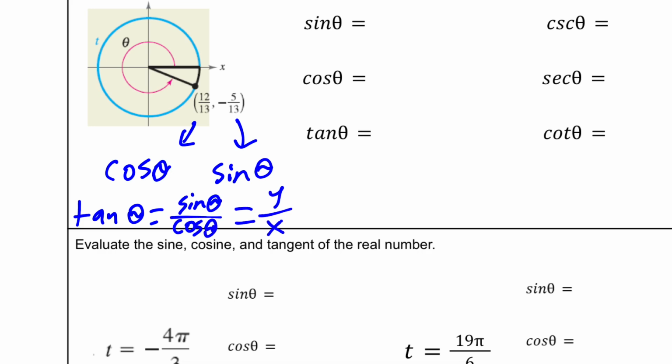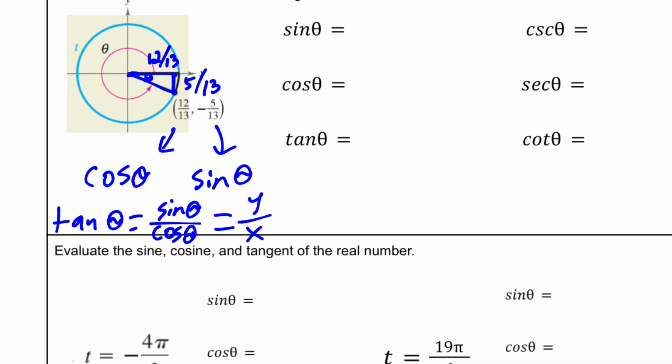If we think about this particular coordinate, it's like we have built a triangle here, and the inside angle here is theta, and the top of our triangle is 12 over 13. That's how far to the right we went, and this part of our triangle is 5 over 13. If we want to find our hypotenuse, we could do so, but remember we're in the unit circle here, so it's just going to be 1.